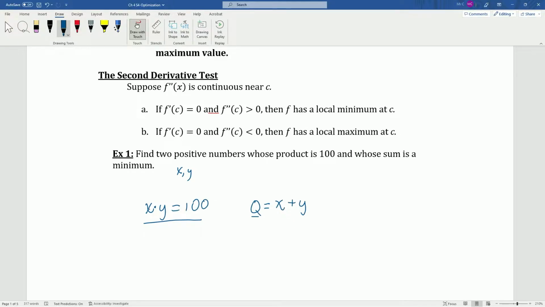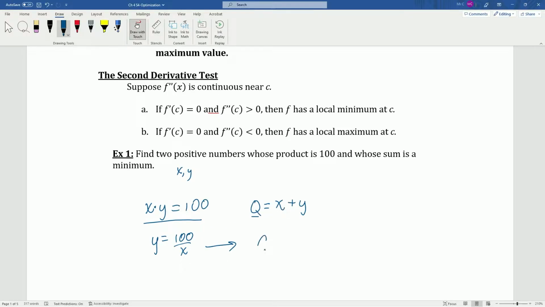The constraint is a relationship between the variables, a fixed relationship between them. And you need to use that constraint to write the quantity you're maximizing or minimizing in terms of one variable.